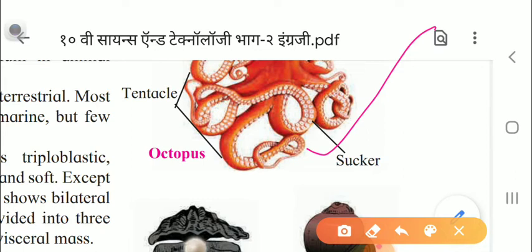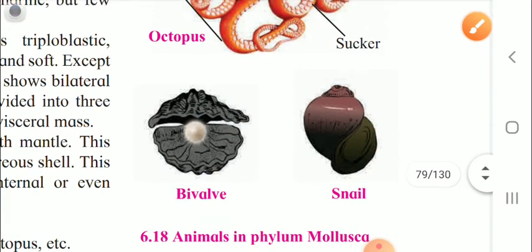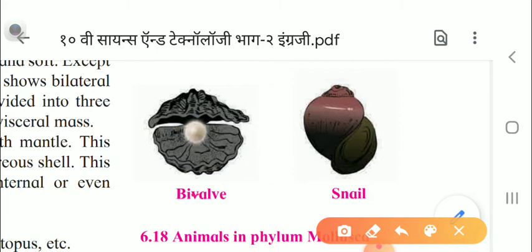Tentacles are there, eyes are there, and siphon is there. So this way we can see different parts. Then one more here is the bivalve, that you call CP, that is divided into two. We can open it into two parts.